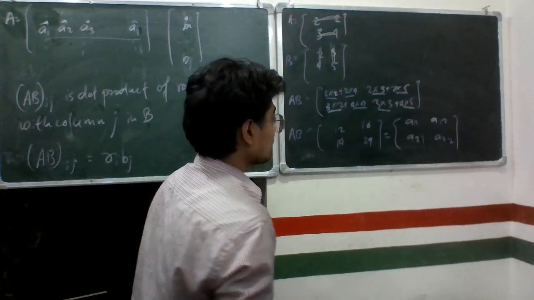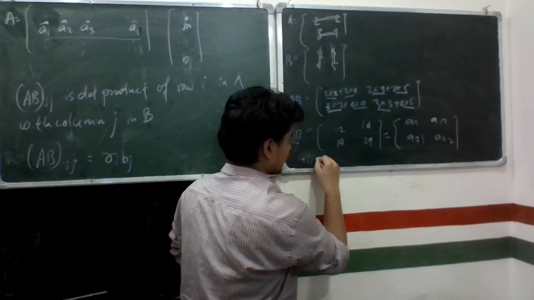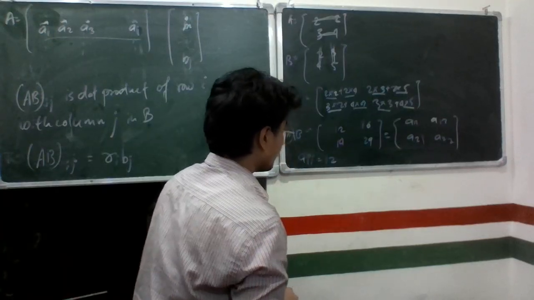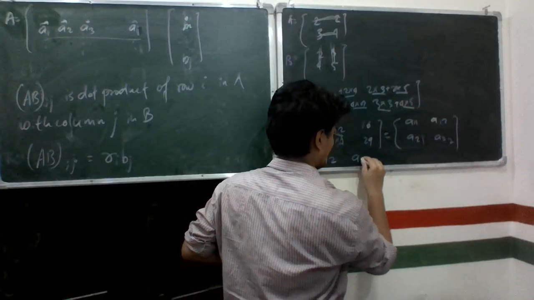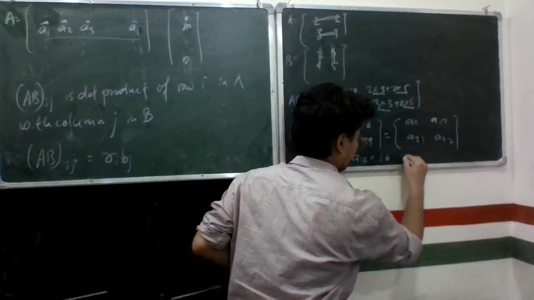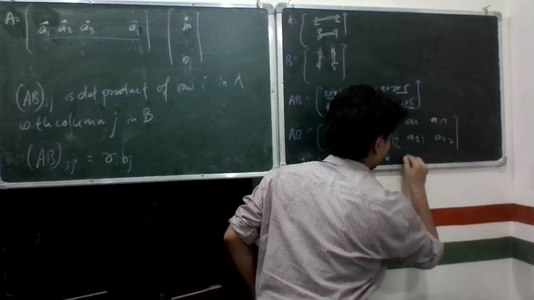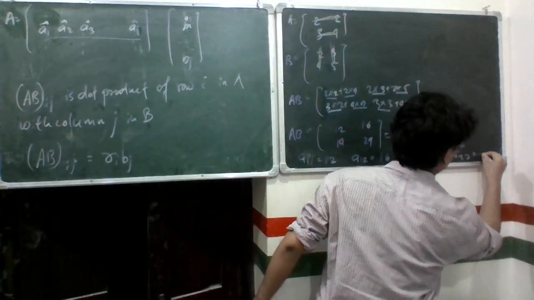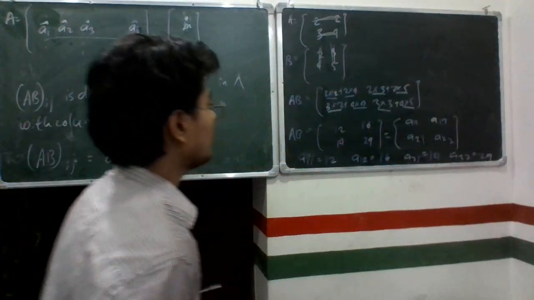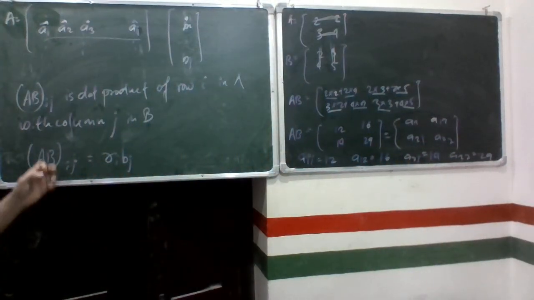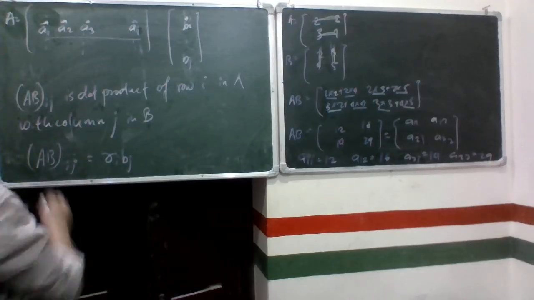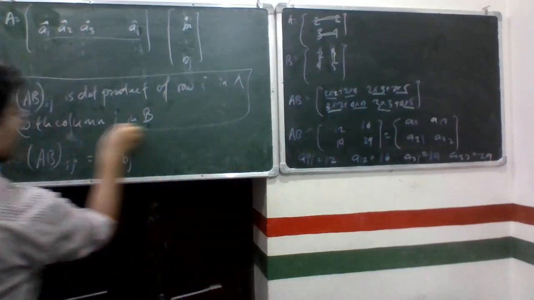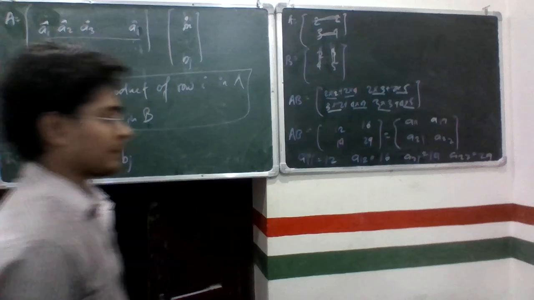Then what is the component A11? That is 12. A12 is 16, A21 is 22, A22 is 29. Now let's see this statement. Let's see the correctness of this statement.